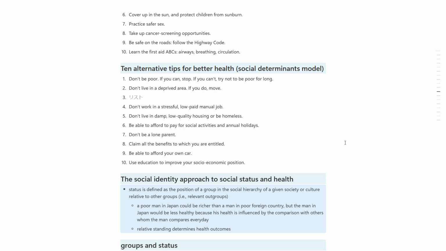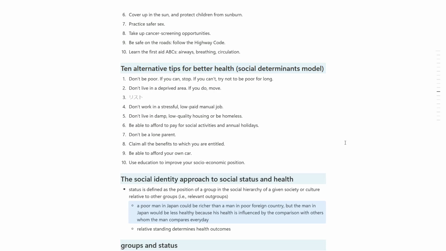What kind of status your group has relative to other groups. And this relativity is actually important. Please think about this example. A poor man in Japan could be richer than a man in a poor foreign country, but the man in Japan would be less healthy because his health is influenced by the comparison with others whom the man compares himself with every day.